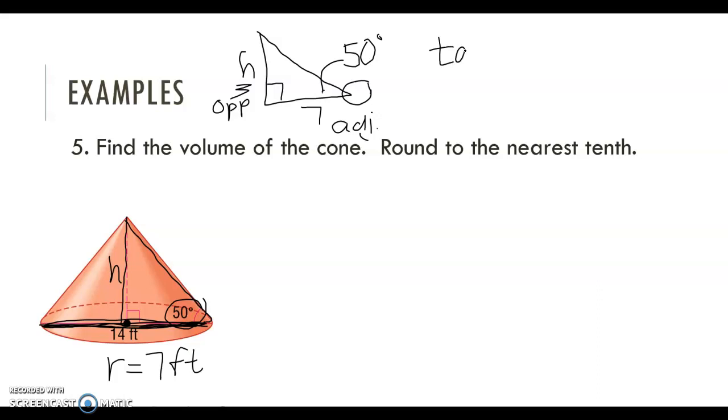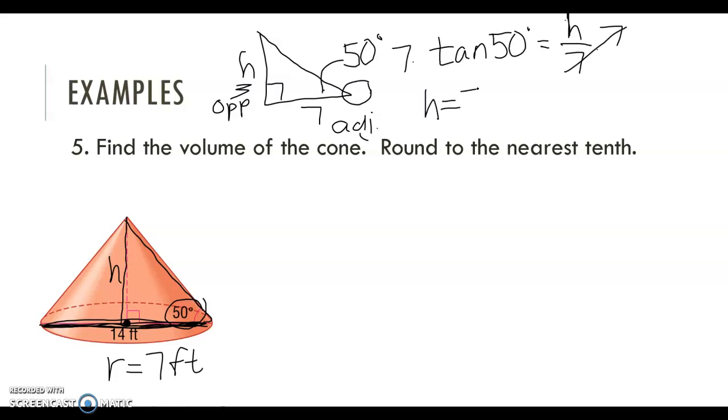So we are going to be taking tangent of my angle, 50 degrees, equals the opposite, which I labeled as h, over the adjacent, which is 7. We're going to multiply both sides by 7 to solve for h.